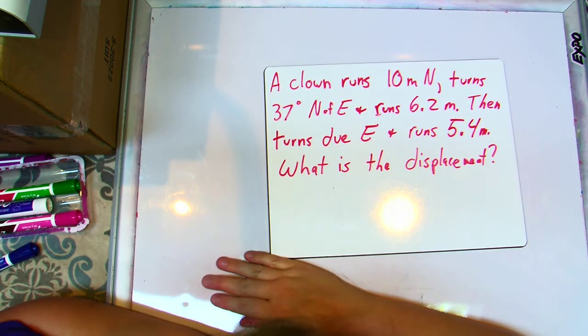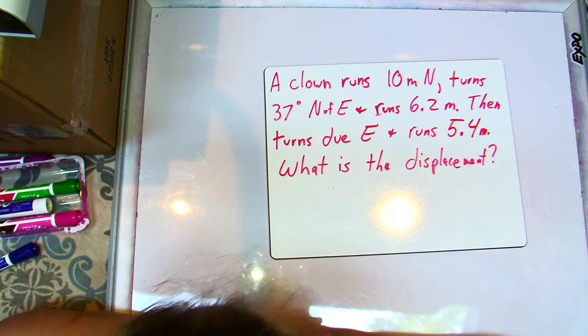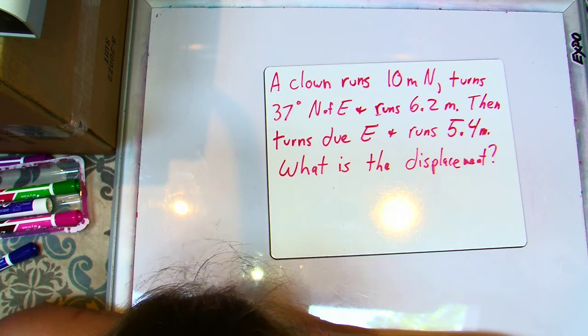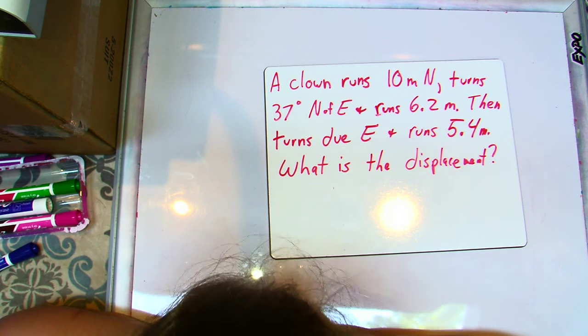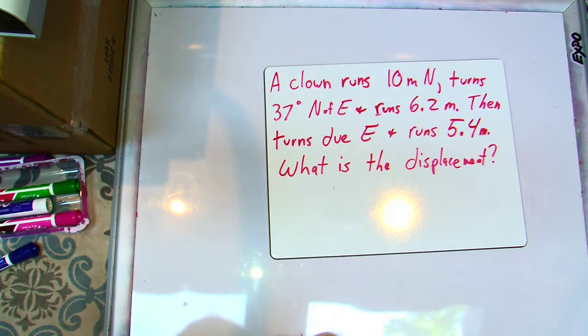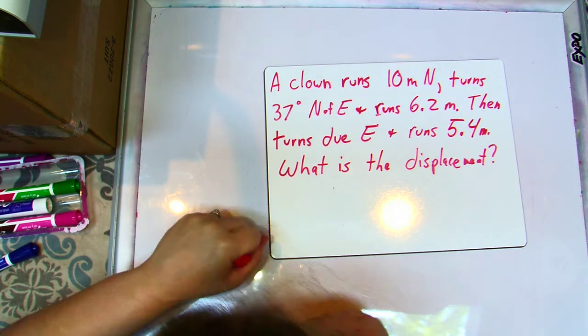So a clown runs 10 meters north, turns 37 degrees north of east, and runs 6.2 meters, then turns due east and runs 5.4 meters. What is the displacement? All right, so let's go ahead and diagram this first.